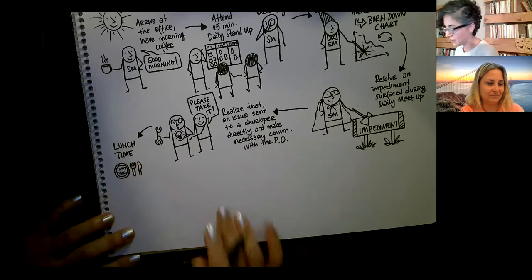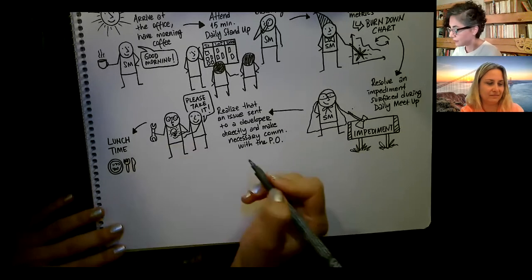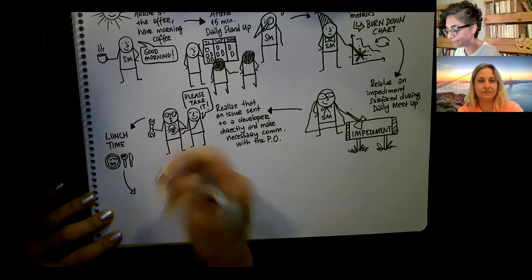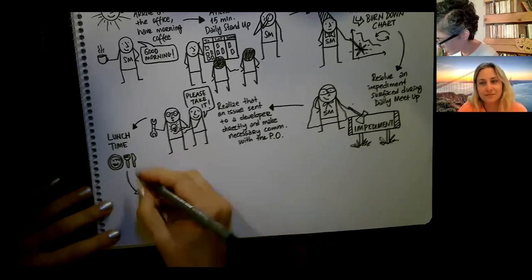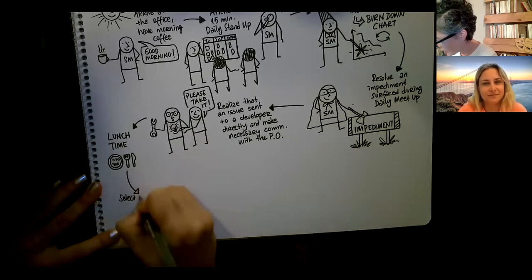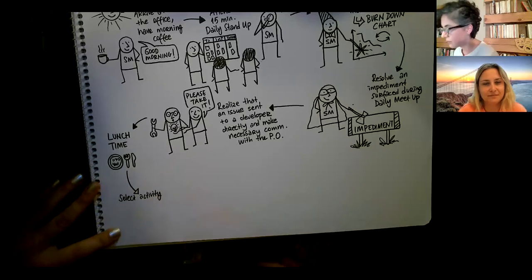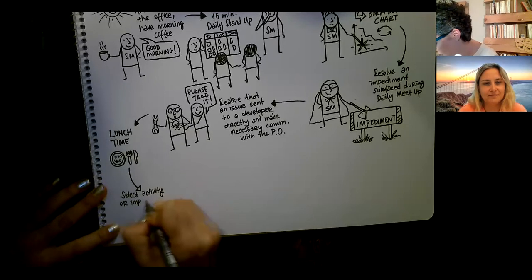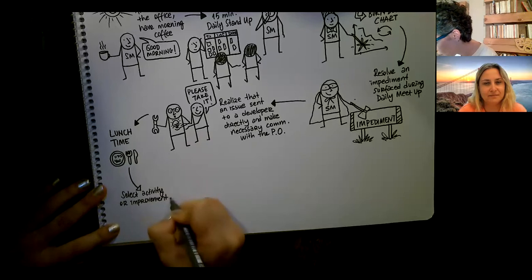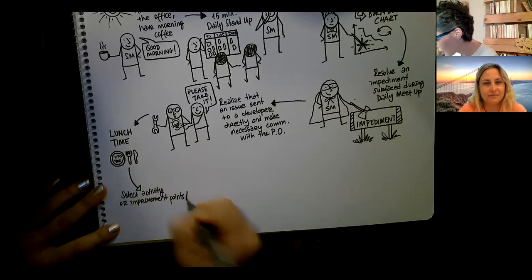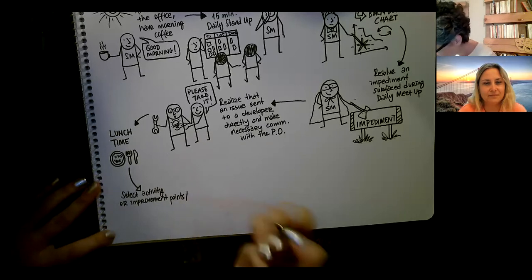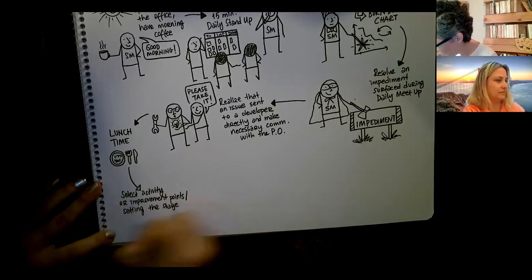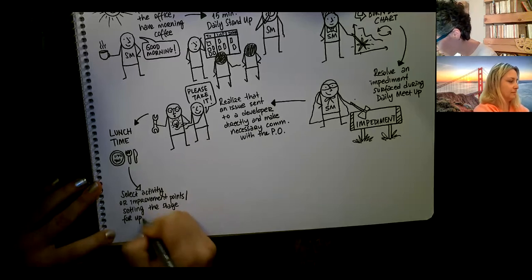I put something on the plate, and now the Scrum Master selects an activity or improvement points, or setting the stage for the upcoming retrospective.